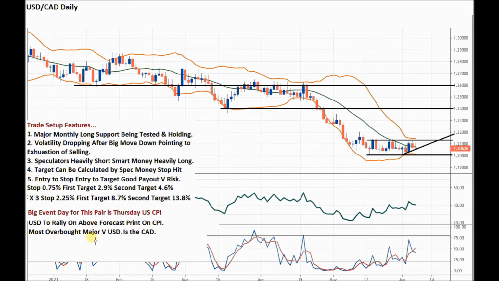And if we look at the most overbought major against the USD over the last few months, it's the CAD. So if the USD does rally, this is the one where it could really rally hard. Now, in terms of CPI, there is a good chance it's going to be above forecast, and that will be an event the market is not prepared for.